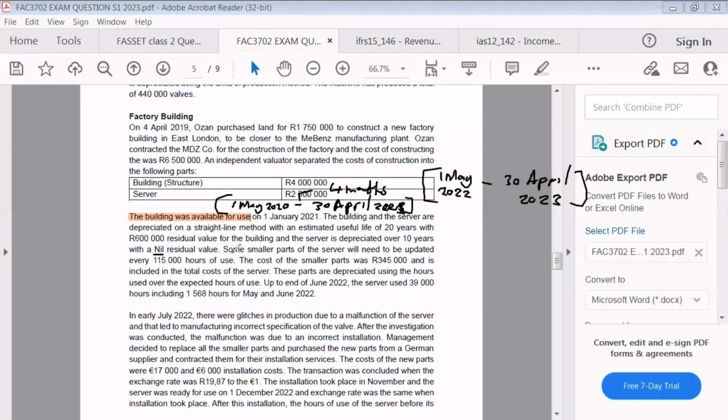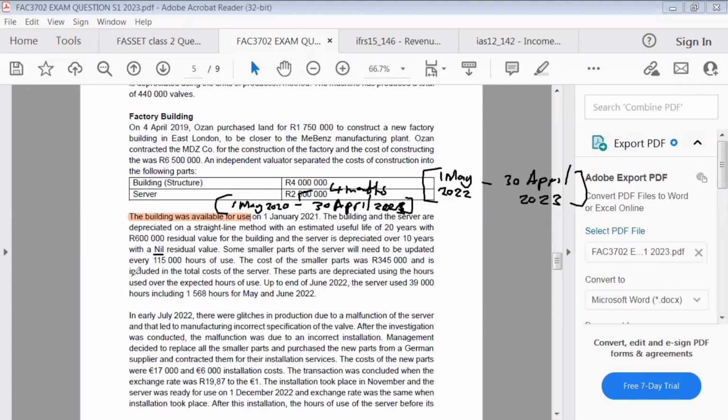All right. Some smaller parts of the server will need to be updated every 115,000 hours of use. The cost of the smaller parts is 345,000 and is included in the total cost of the server.